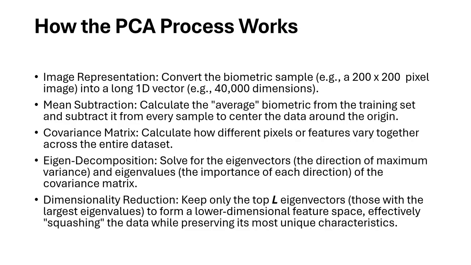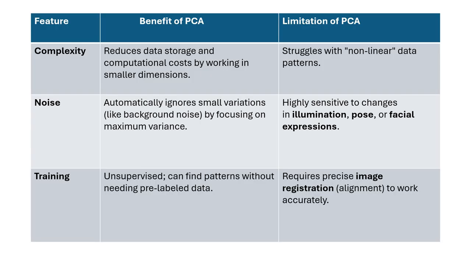What are the benefits and limitations of PCA? Complexity-wise, it reduces the data storage and computational cost by working with smaller dimensions, but it struggles with non-linear data. On noise, it automatically ignores small variations, so background noise is removed and it focuses only on the maximum variances.